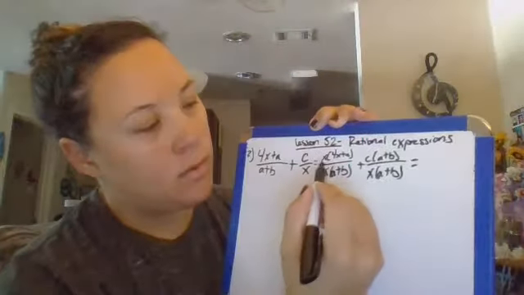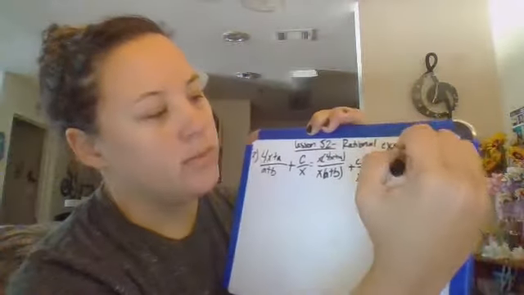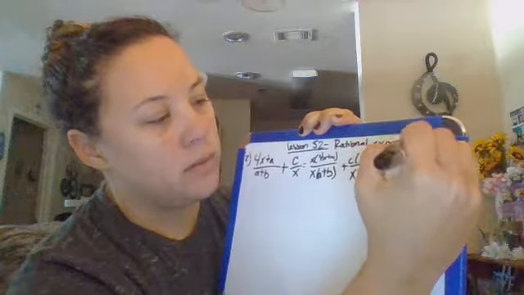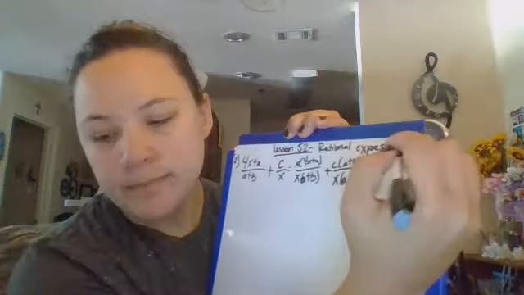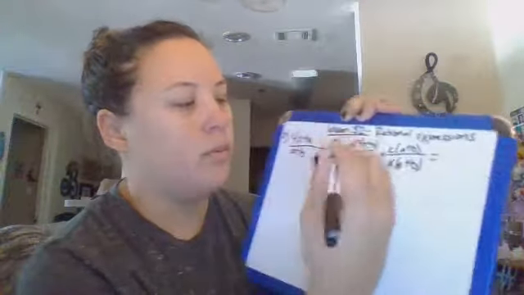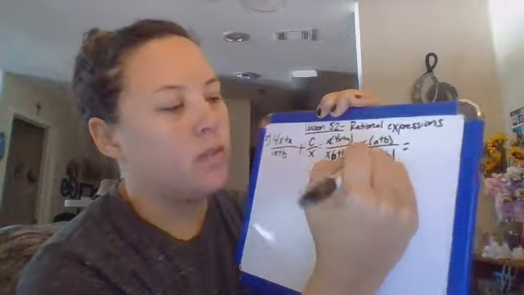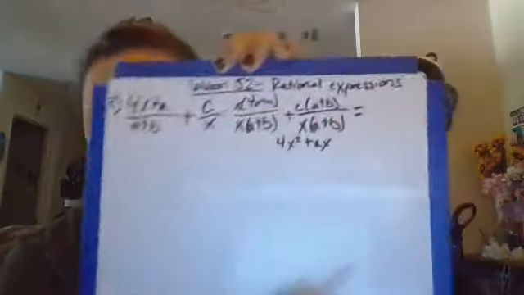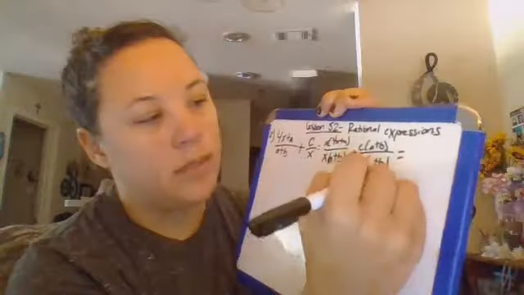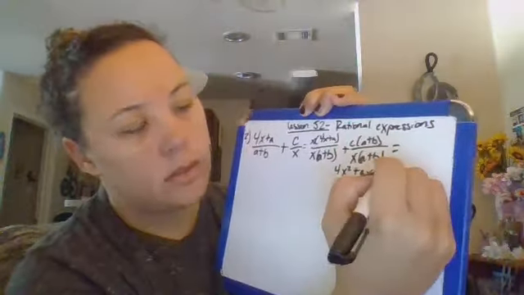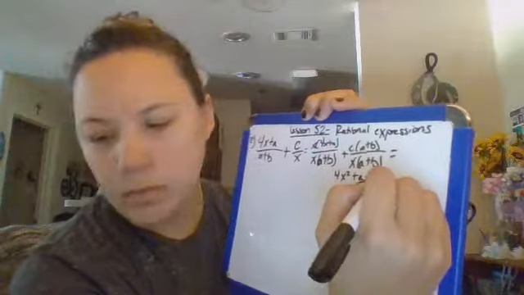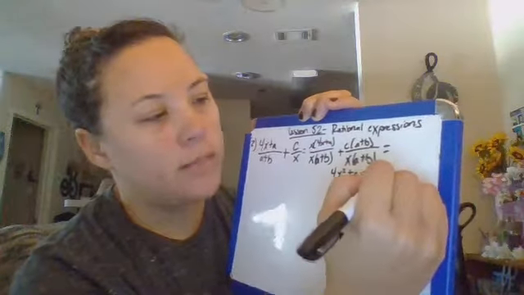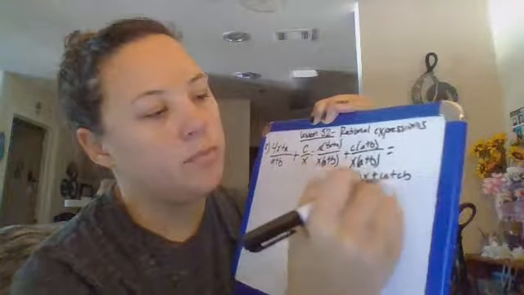So if we go through this one, it's going to be 4x squared plus ax for this one up here, plus c times a plus c times b.